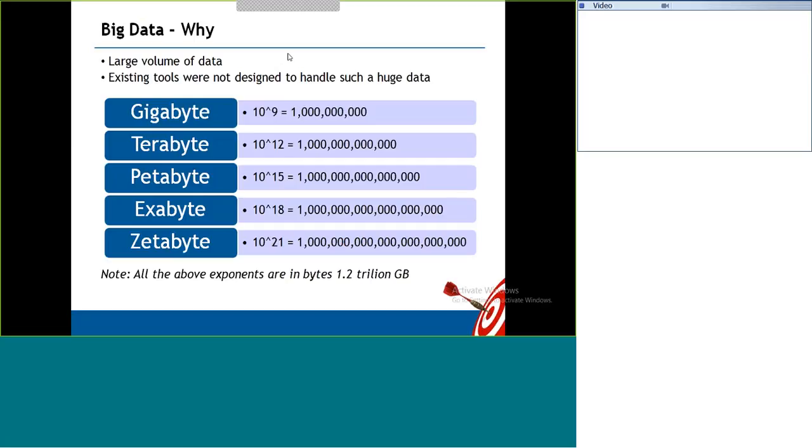The data is coming from different sources, like security sensor data, the data generated by different electrical equipment, the data generated by flights, and a lot of other sources you can imagine.